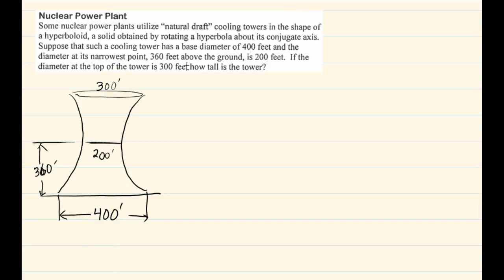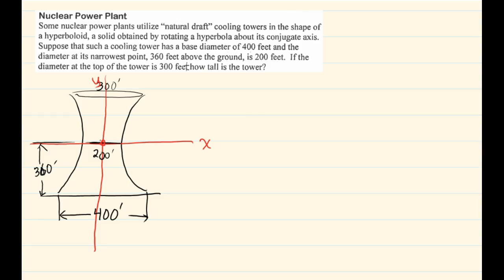So let's come up with a coordinate system. Let's make sure we have it going this way so that we can see our hyperbola going horizontally. So let's put our x-axis here, our y-axis up here, and we can see that we're going to have our center at 0, 0.